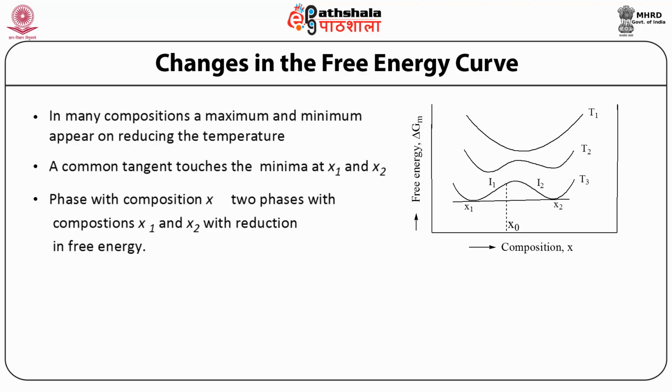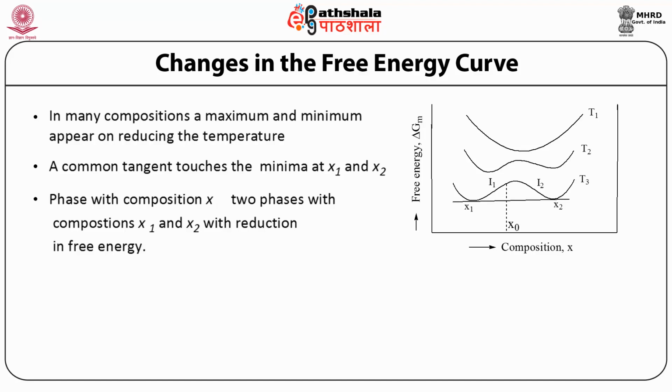Assuming delta G is small and expanding by Taylor series, one gets G equals G naught plus 1 by 2 d square G by dx square times (x minus x naught) whole square and so on.